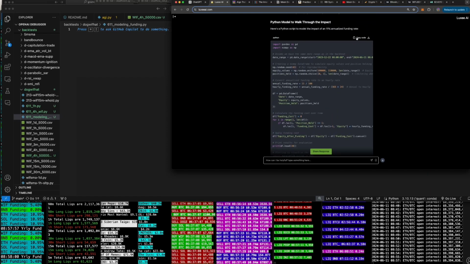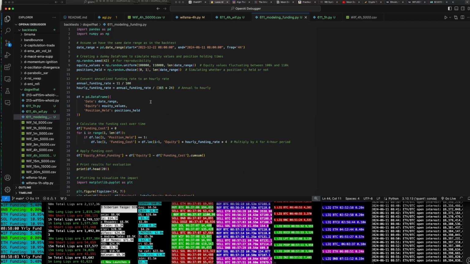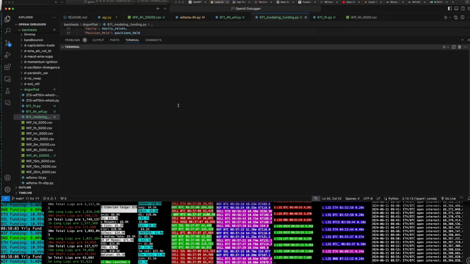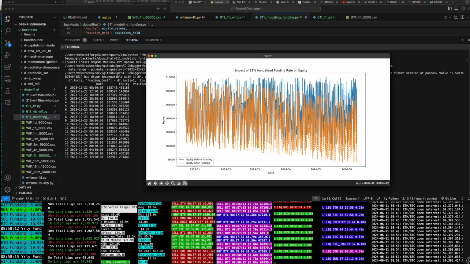Oh, nice. It's using matplotlib. Matplotlib is a nice little library. Wait, yeah, it's right down here. PLT. Pretty. Okay, how do you interpret this?